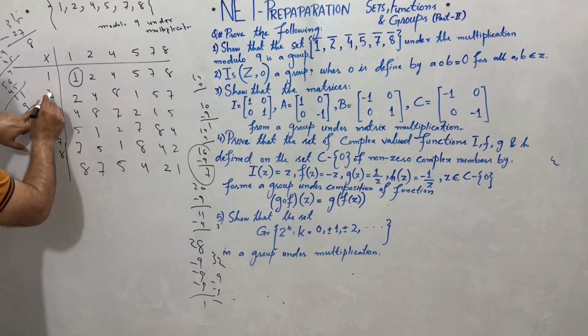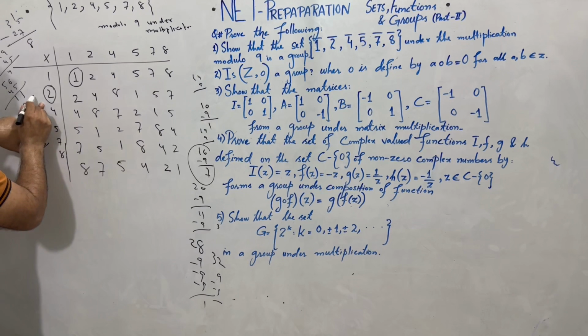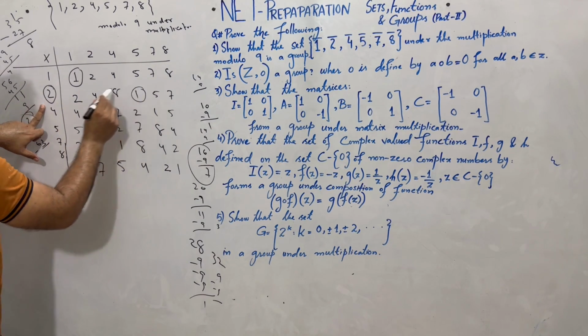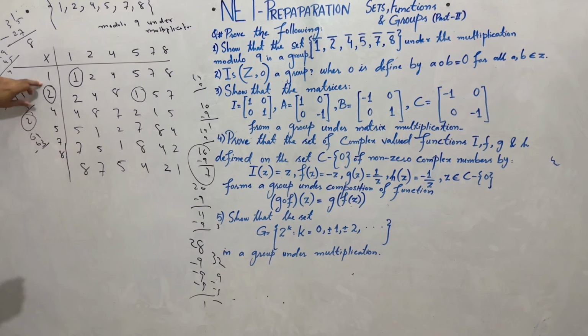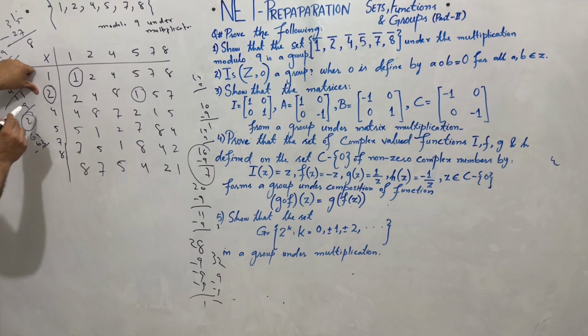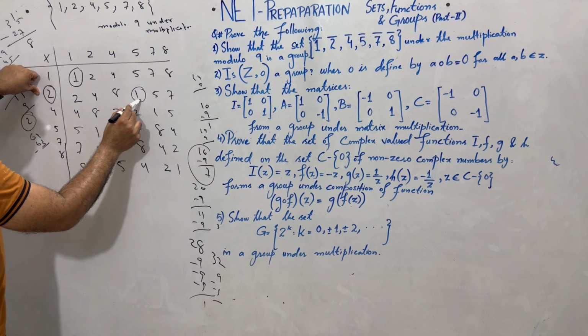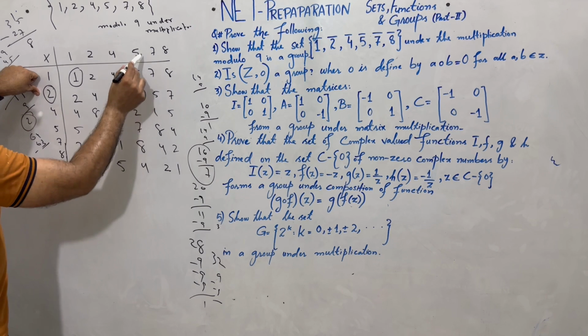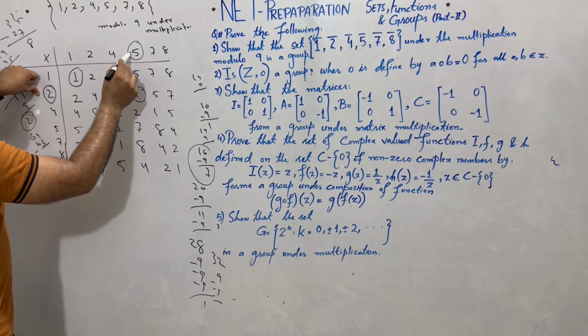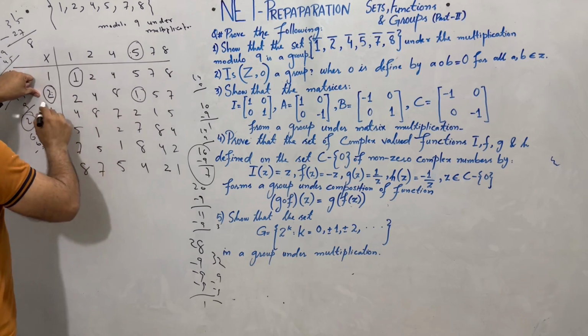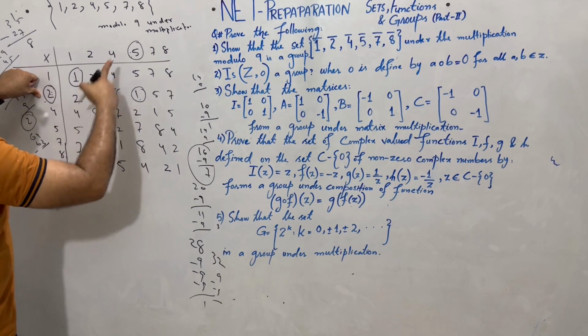Here is 2. Keep on traveling horizontally to get 1. I am finding the inverse of 2. I have got 1. With which number has it been multiplied? 5. 2 times 5 is 10. 10 minus 9 is 1.